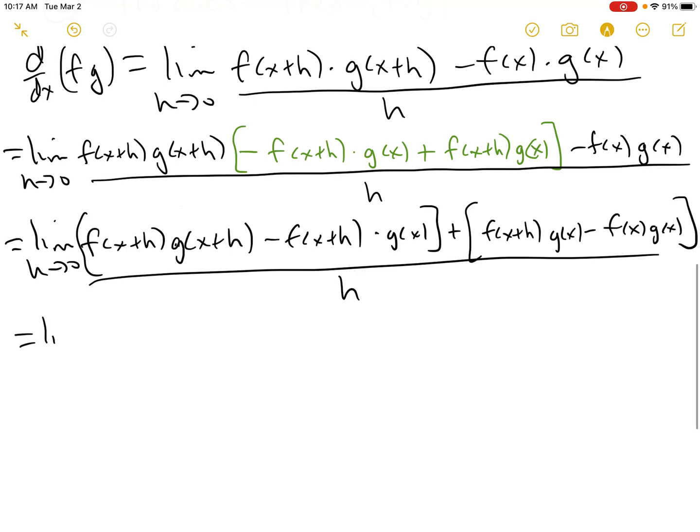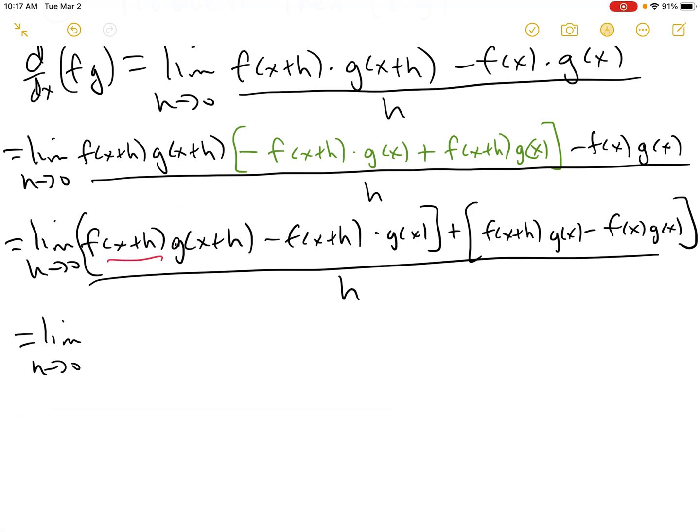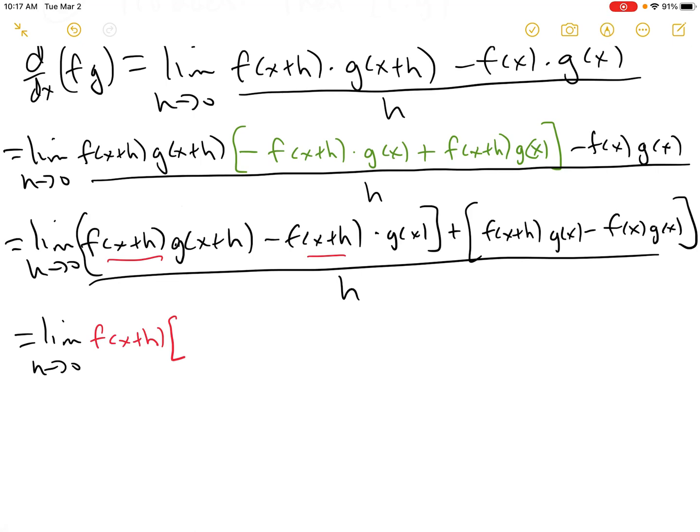And now we have the limit as h approaches 0. So from this first term here, I'm going to factor an f of x plus h out. So we have f of x plus h. And let's go back to black here. What's left is g of x plus h minus g of x over h.